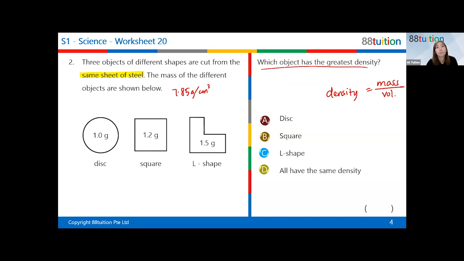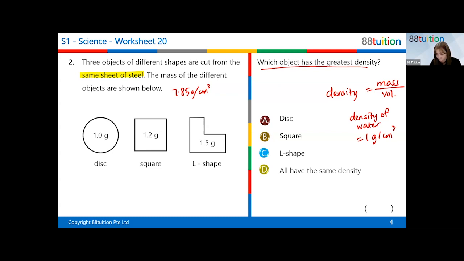And then let me look at the density of another substance. Maybe I just stick to water since I talk about water. Okay, so density of water is actually 1 gram per cm cube. So if let's say I put some amount of water, maybe 1 liter.